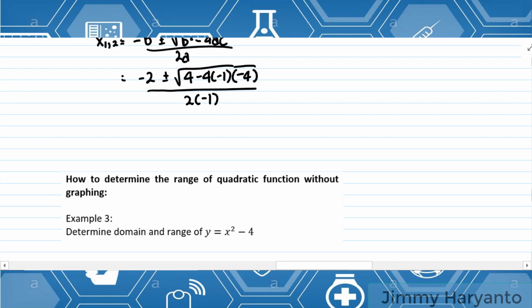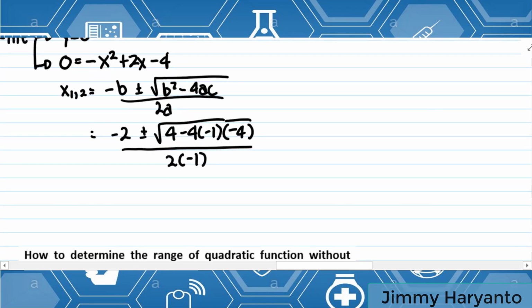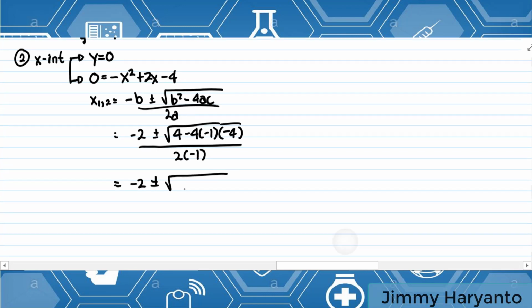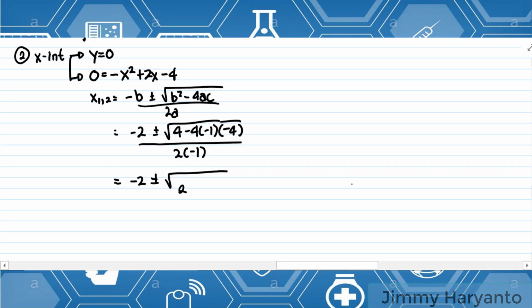Okay, next. Oh, wait a minute. So the result will be negative 2 plus minus square root of 4 minus 16, negative 12, over negative 2.